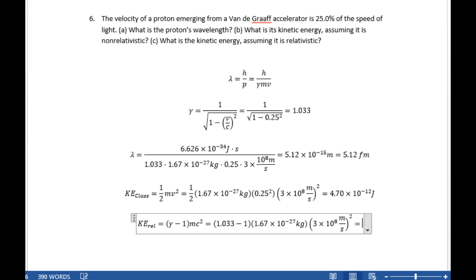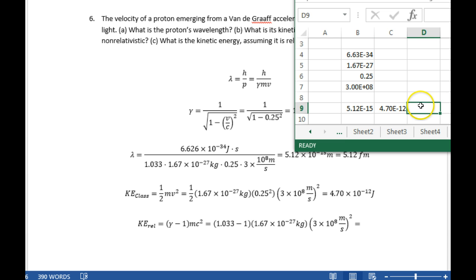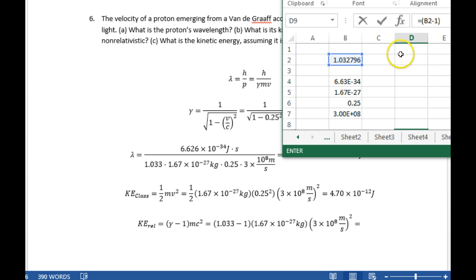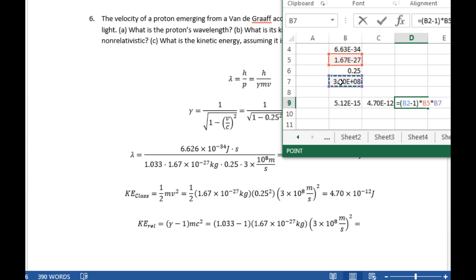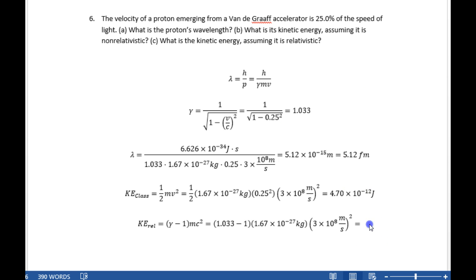So gamma minus 1 times the mass times the speed of light squared is 4.93 times 10 to the minus 12.